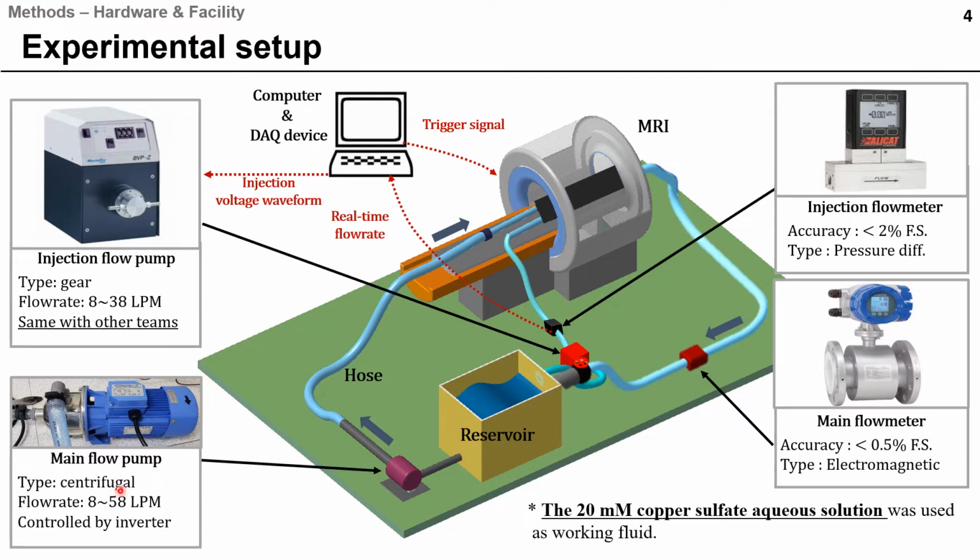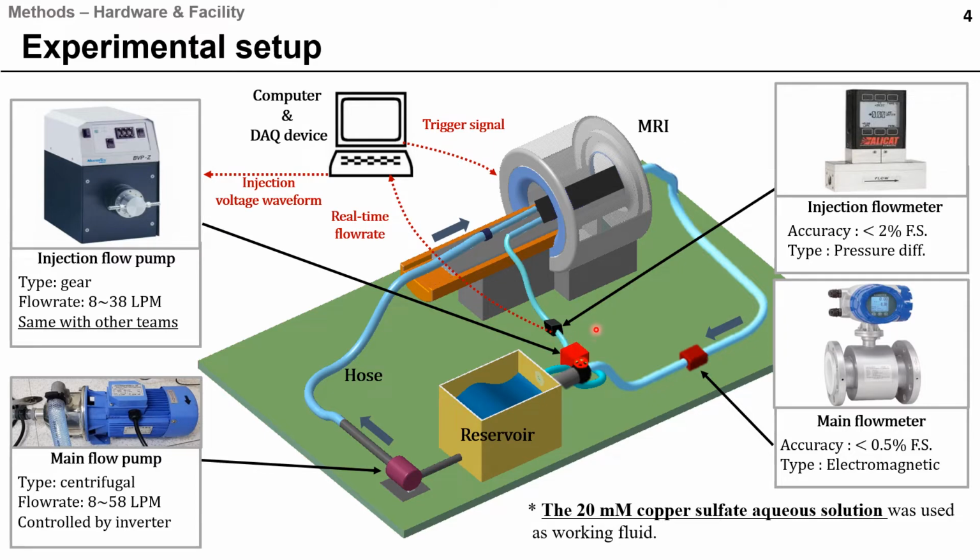We use the centrifugal type as our main flow pump, and we use the same injection flow pump and injection hose line as the other teams. The injection flow rate was measured right behind the injection flow pump.